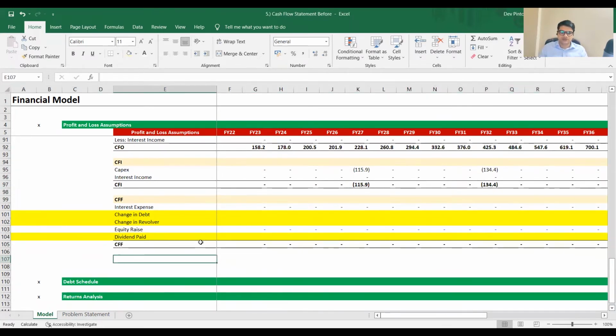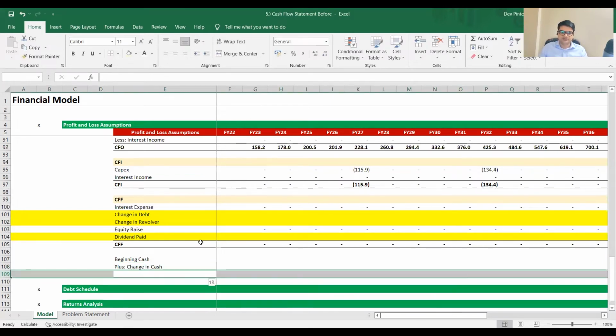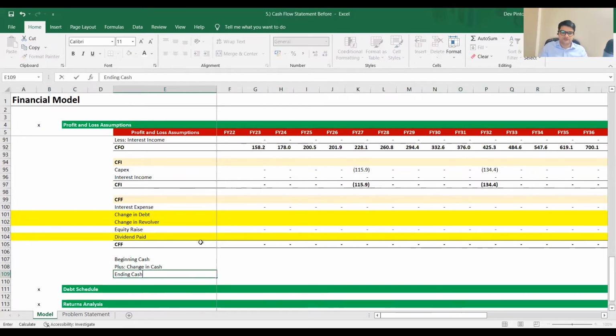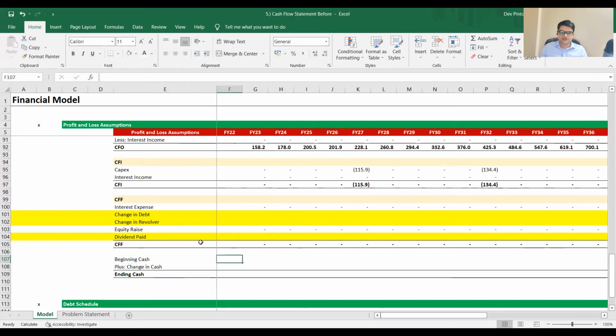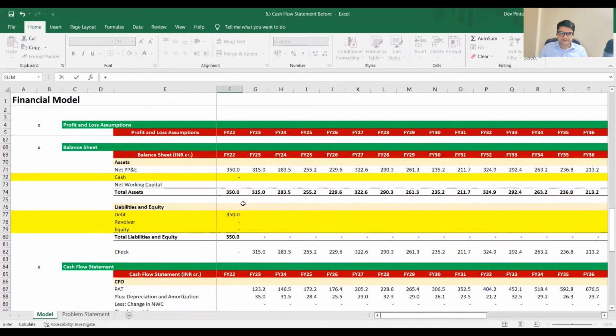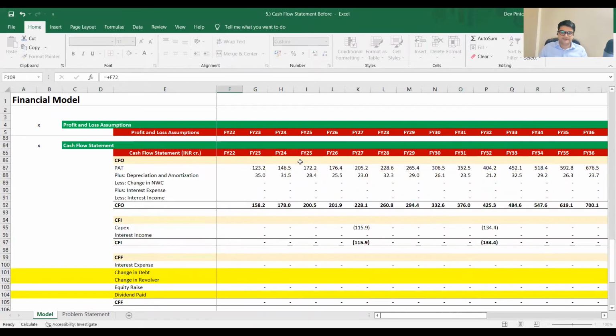So here, beginning cash plus change in cash, right? So what is the ending cash for FY22? 0.